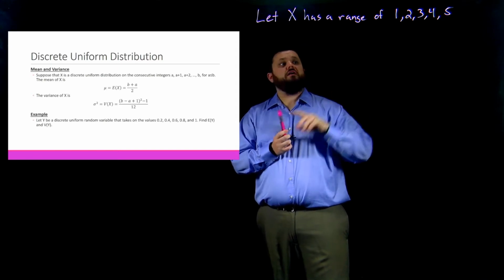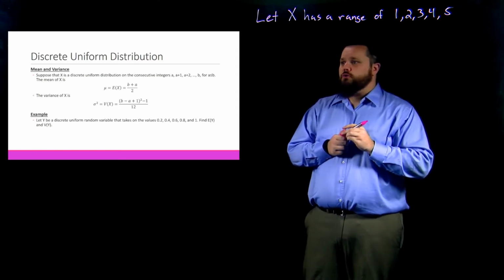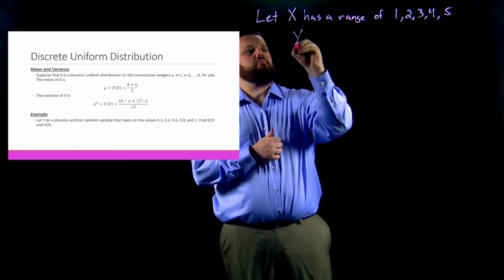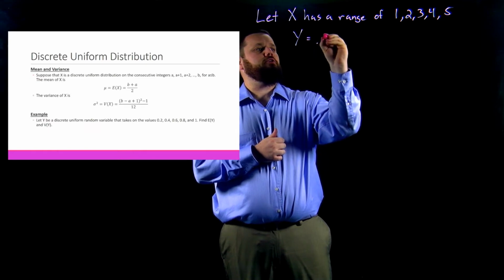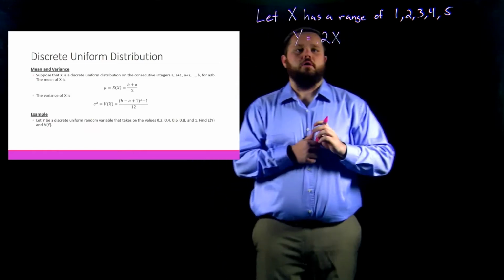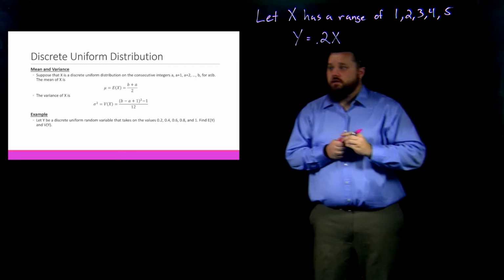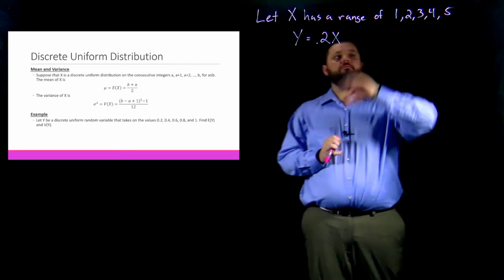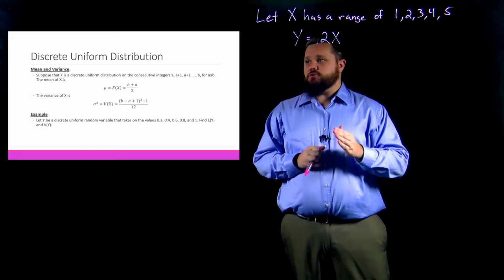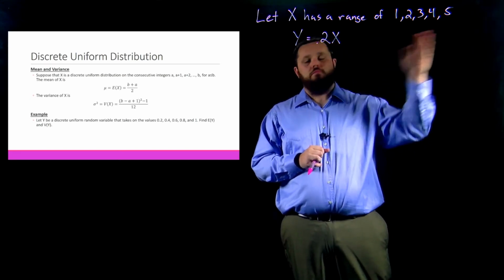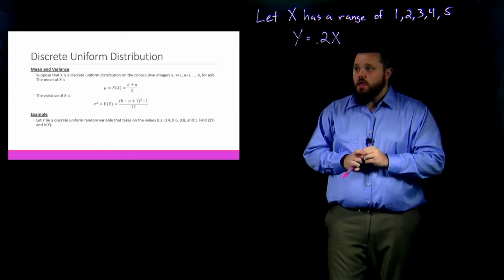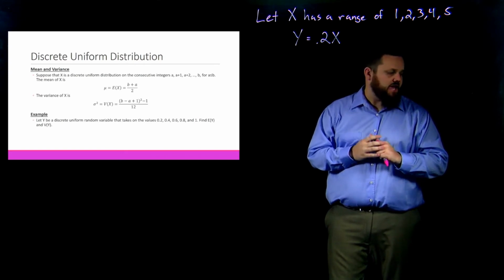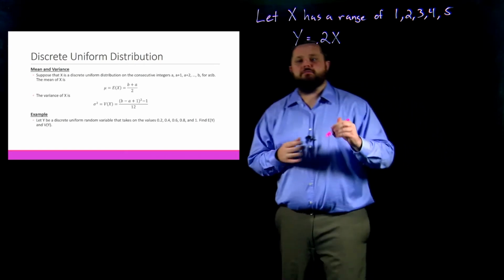Now, if x is the values 1, 2, 3, 4, and 5, then that means that y is equal to 0.2 times x. Now, x is defined on integers ranging from 1 up to 5. So that means we can use these formulas to find the expectation and variance of x.